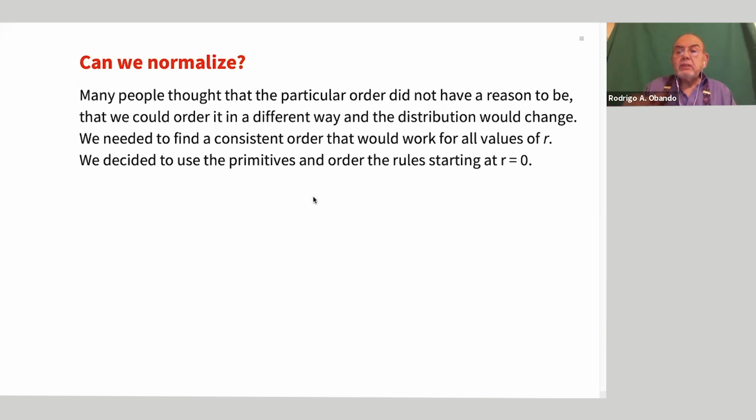So we decided to use the primitives and order the rules starting at R equal to 0, something that until recently had not been done. We always talk about the ECA as the first rule space that shows interesting things, such as Rule 30 and Rule 110, and all the different rules on that aspect.